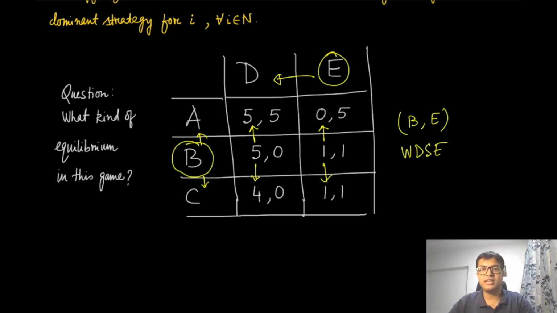But this example is more to illustrate what it means to have a weakly dominant strategy equilibrium. So we can predict, because game theory is all about predicting the outcome, that this particular outcome B comma E is the most probable outcome of this game.